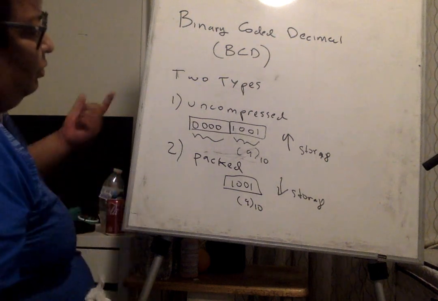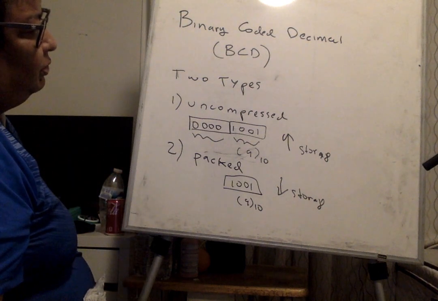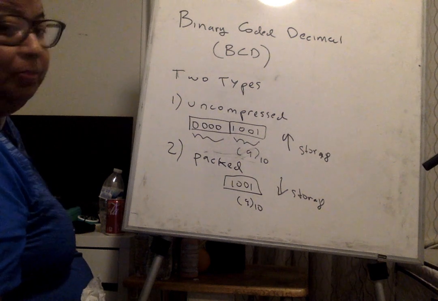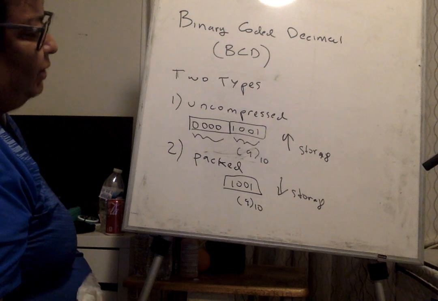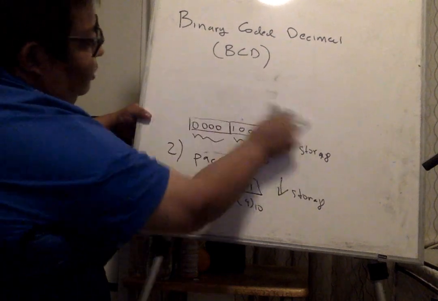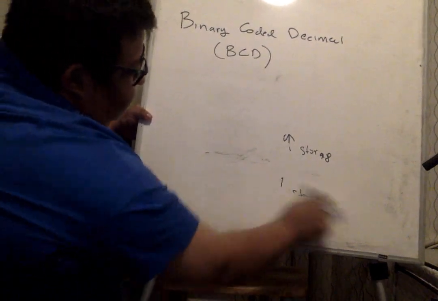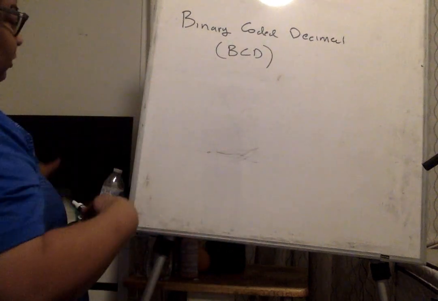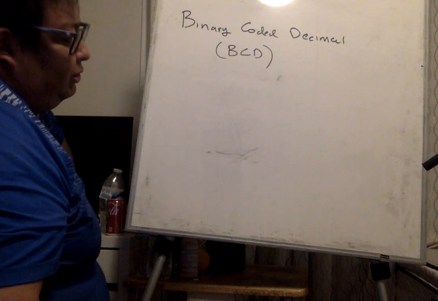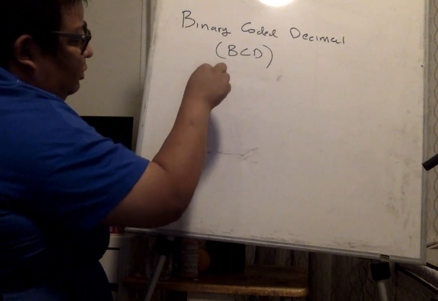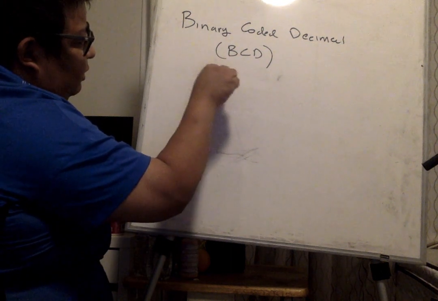Honestly, binary coded decimal is still used, but it used to be done more often in the past. When I was in school, I used to see binary coded decimal, and you can still see it in certain applications, even digital watches and stuff like that.